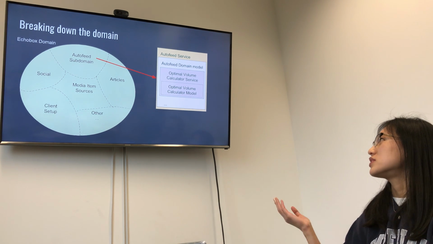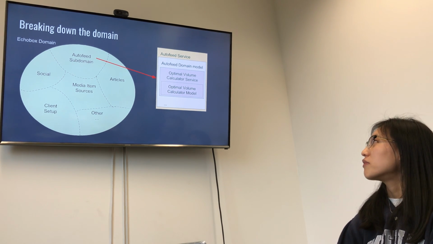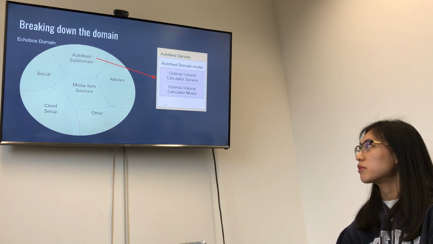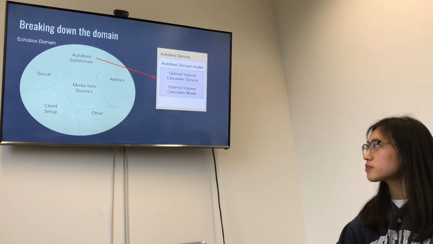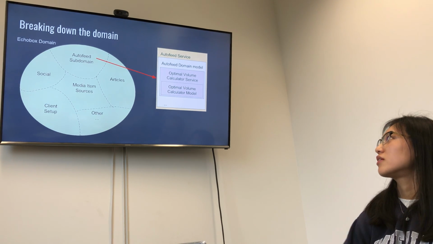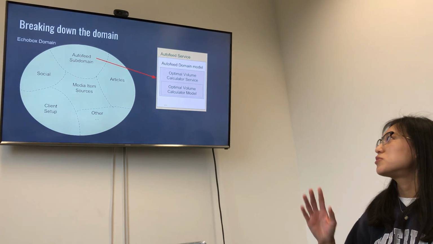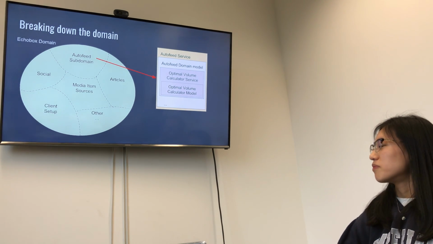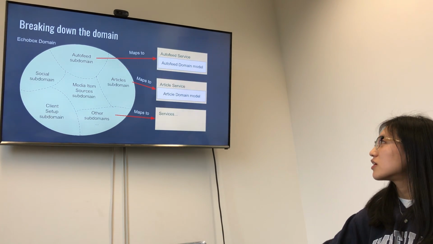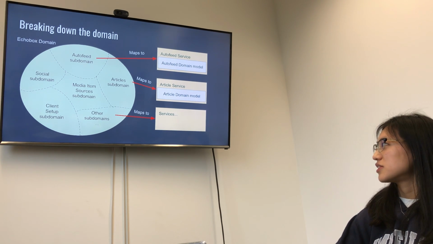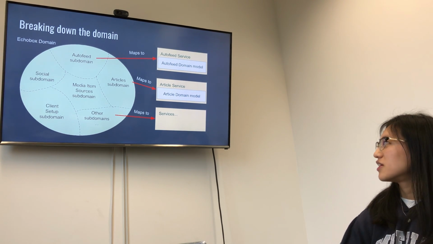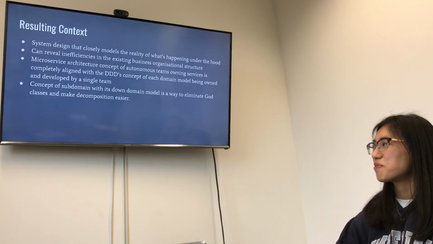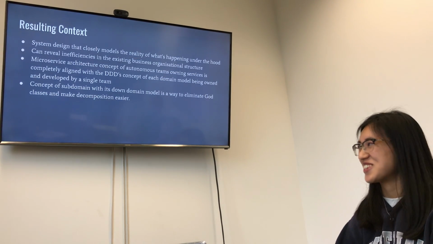So again, we'll break it down further, and we'll have the optimal volume calculation service, and within that we'll have the actual optimal volume calculation model, and so forth. So you can break it down within the actual domain. The subdomain's domain model can be broken down further into other subdomains as necessary. And if we apply that to the same, it will look something like this. Again, it might not be the best way to do it, but it's something nice in the presentation.